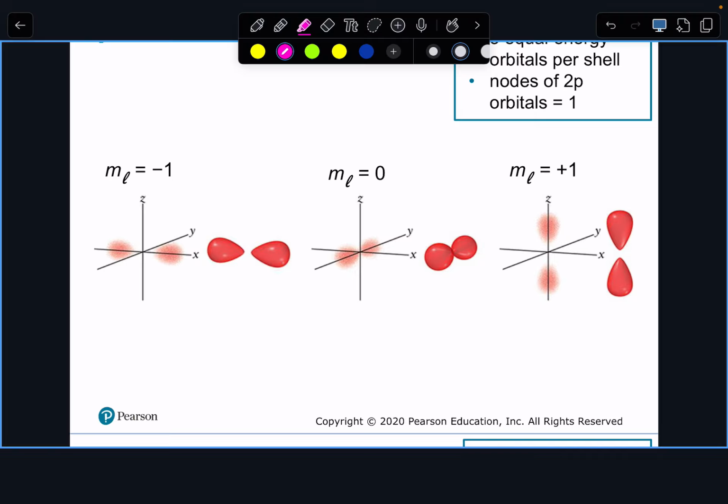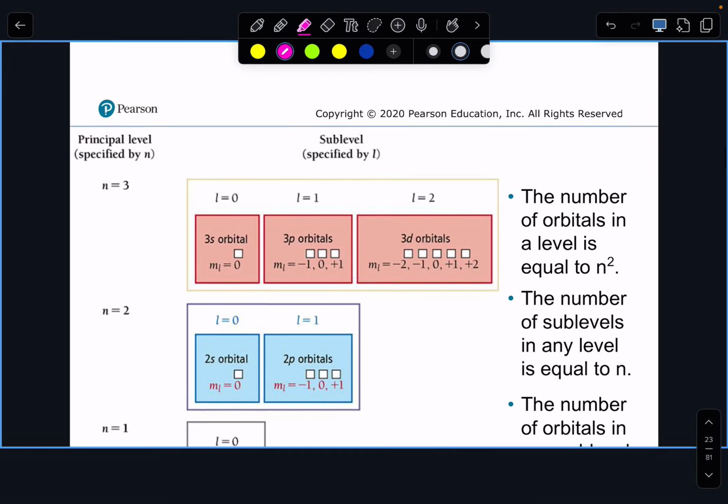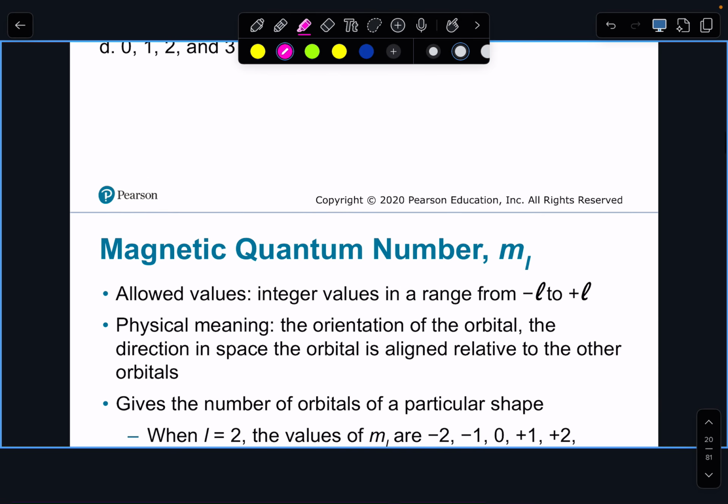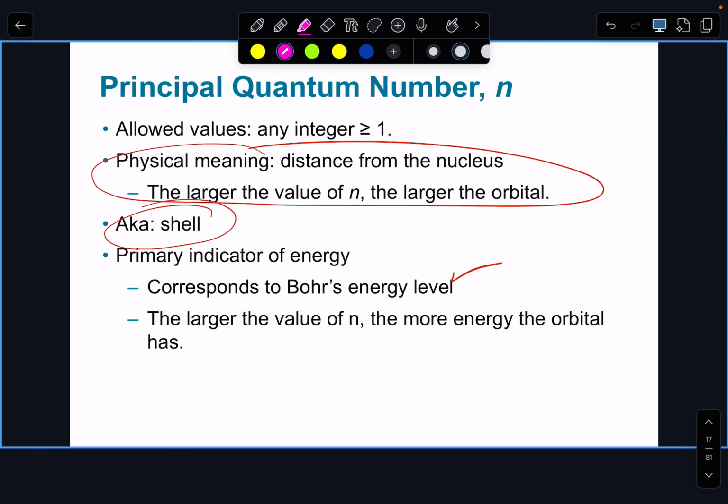Okay, we call each one of these shells. So we would say the 4th shell, the 4th layer out for the outer edges of these orbitals. I just use the word shell. It's in the notes there, but that's probably more common than saying principal energy level.